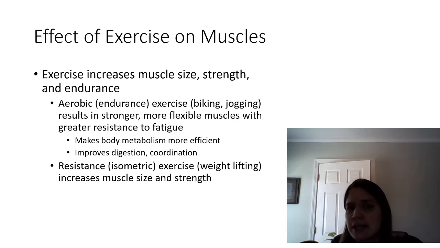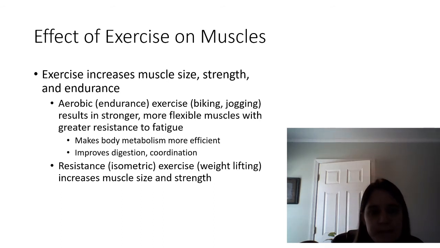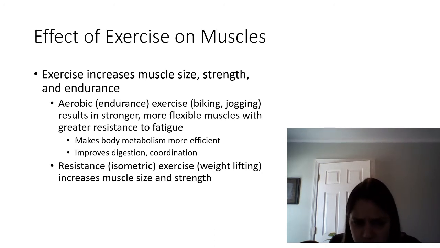Also, it's going to help make your body metabolism more efficient. So as you're breaking down, say, glucose into ATP, you're better at it to a certain point. There are some upper limits here. But if you don't exercise, muscles aren't very efficient at doing it. And you can improve your coordination, right? You can do all these sorts of things.